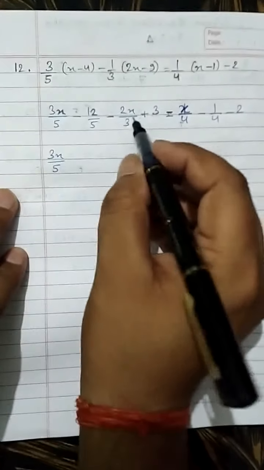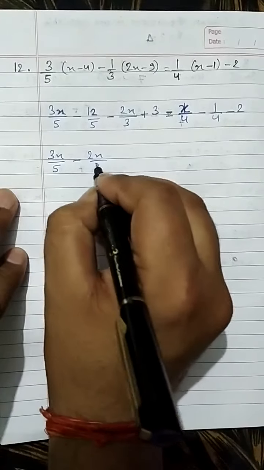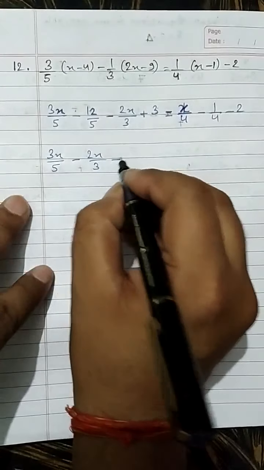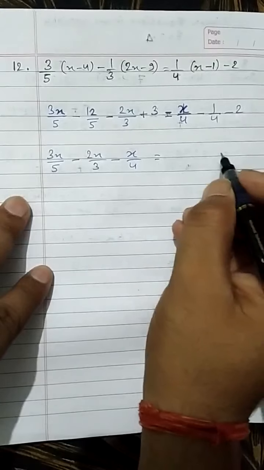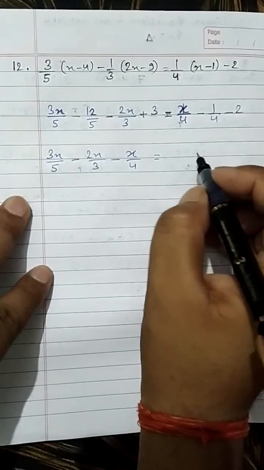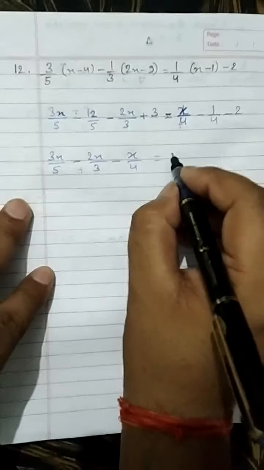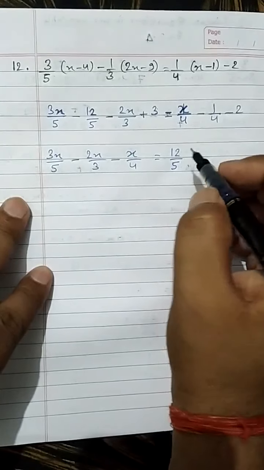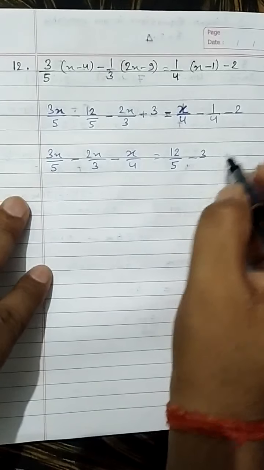3x upon 5. We will collect here x terms: 2x upon 3, and this x upon 4 will become minus x upon 4, and on the right hand side we have all the constants. This minus 12 upon 5 becomes plus 12 upon 5, and this 3 becomes minus 3.